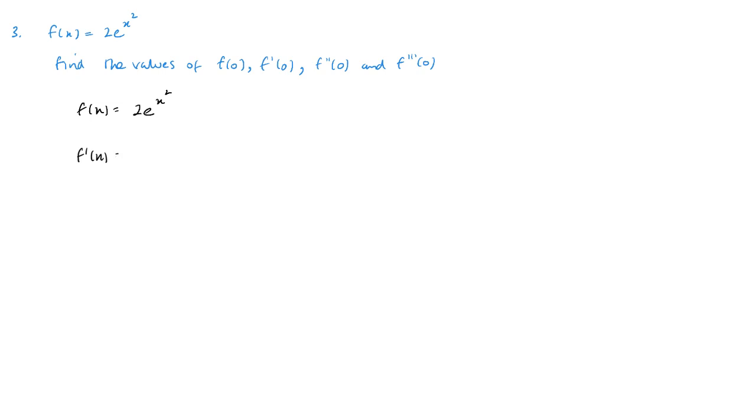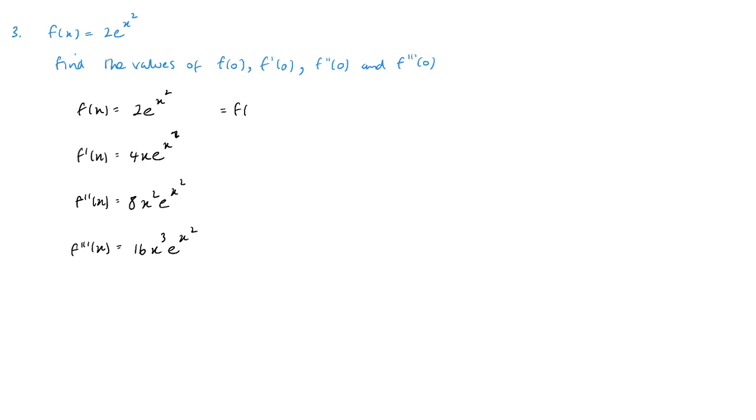F dash of x, I'm going to multiply by this differentiated, so it's going to be 2x, so it's going to become 4x e to the x squared, and times by 2x again, it becomes 8x squared e to the x squared, and then the third one times by 2x again, 16x cubed e to the x squared.